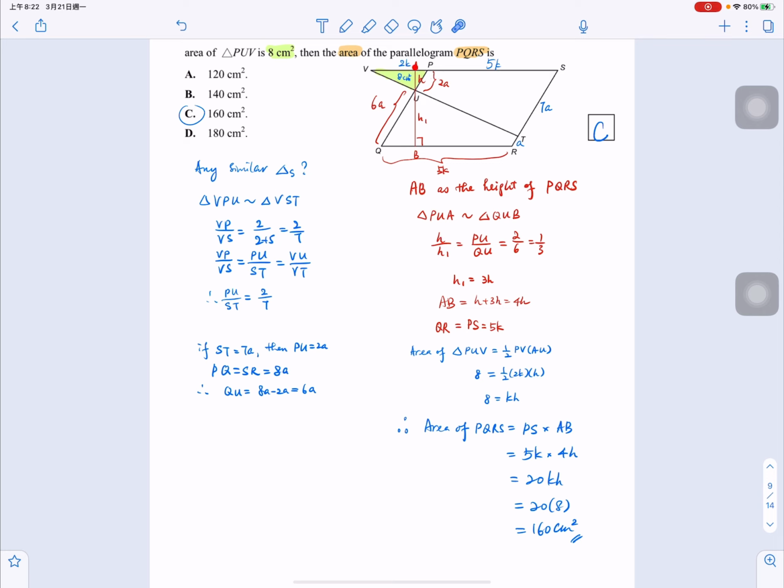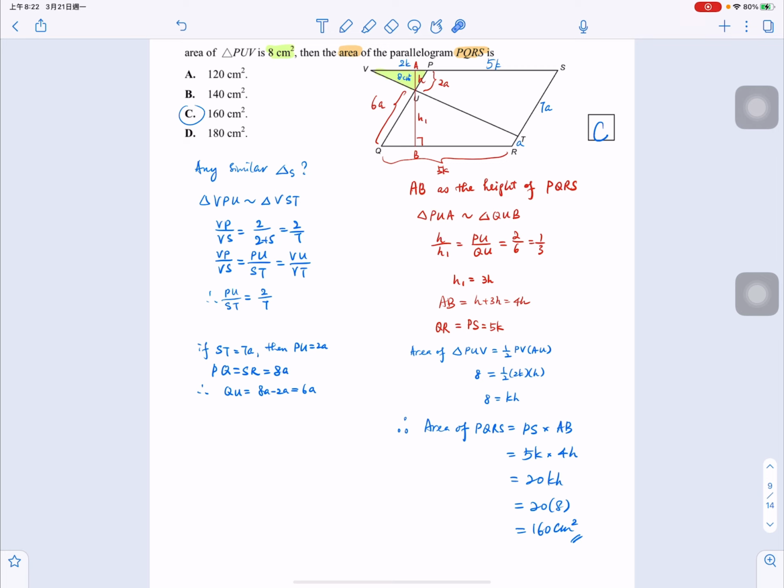And use another pair of similar triangles to find the ratio between the corresponding lengths, and we can solve for the height of the parallelogram. Here is H, here is 3H, right? 1, 2, 3. So total AB will be 4H. And the base here is 5K. So after that, 8 cm squared helps us to find out the relation between H and K.